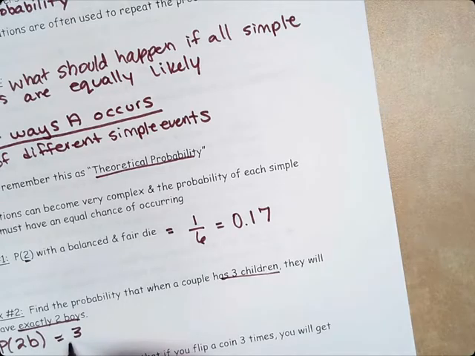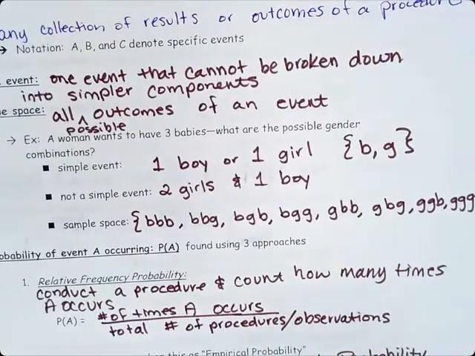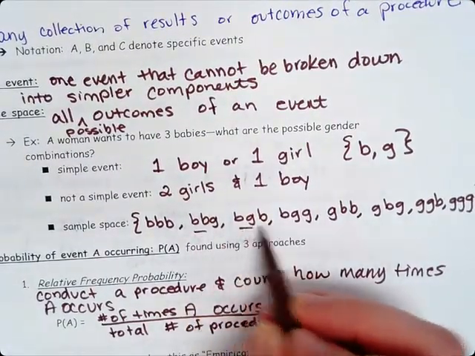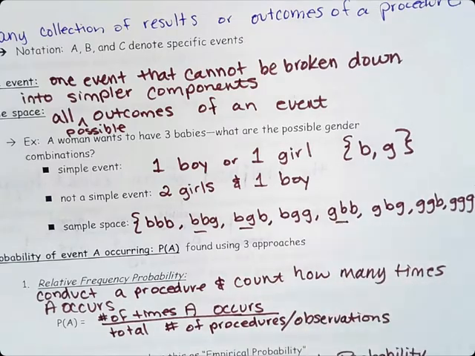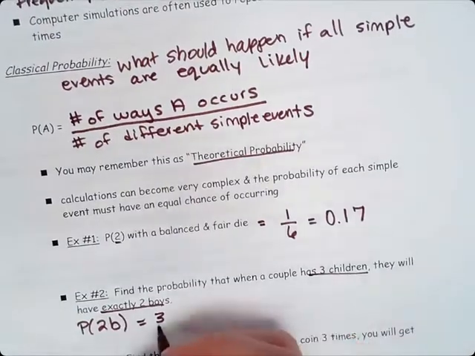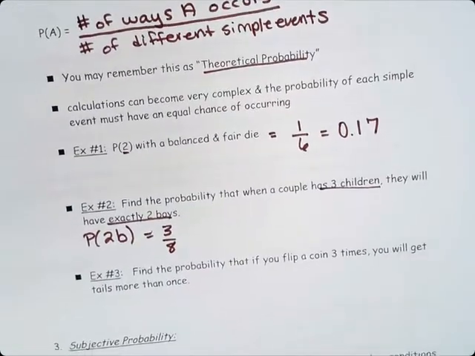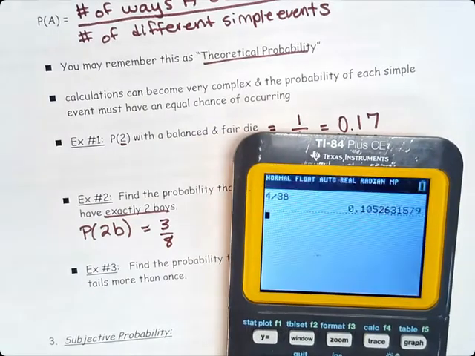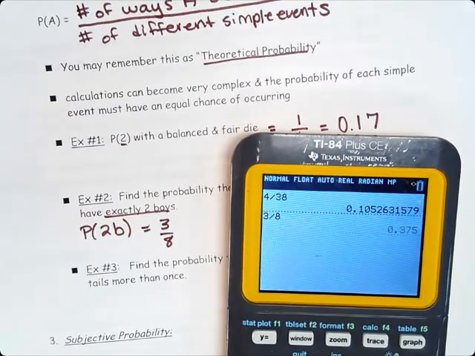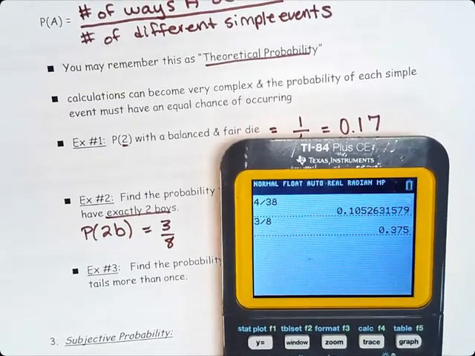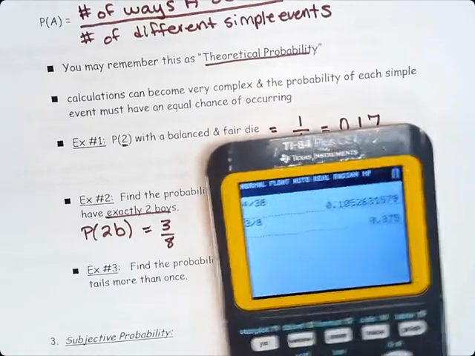Out of 8. It's 1, 2, 3 out of 8. Okay, and then we would write that as a decimal. What's 3/8? 0.375.